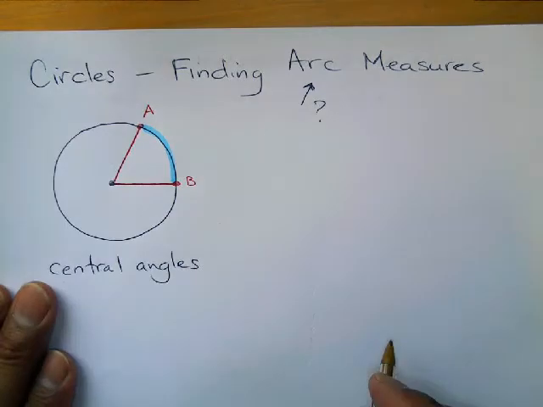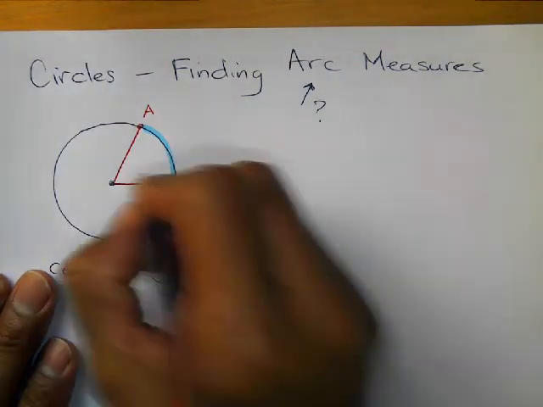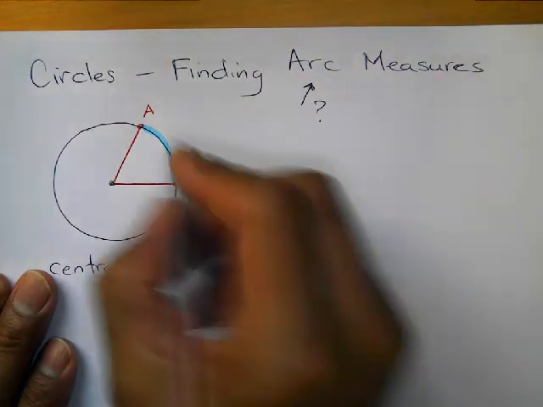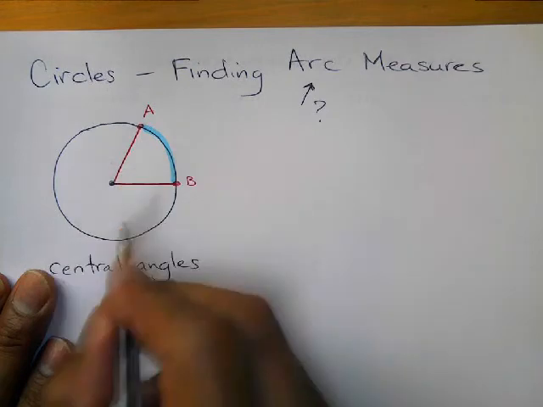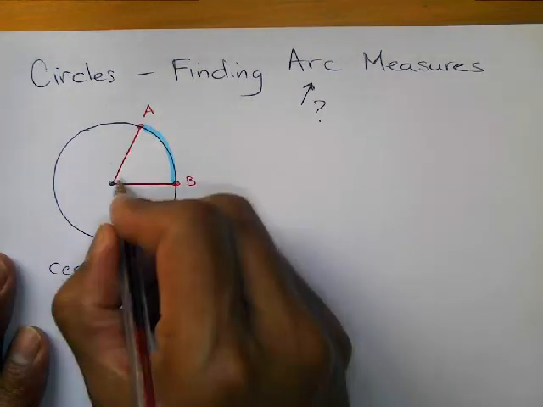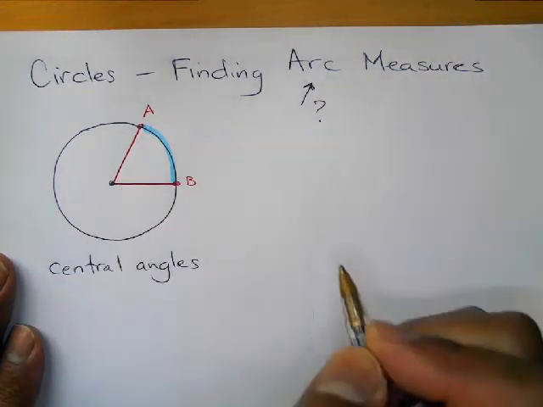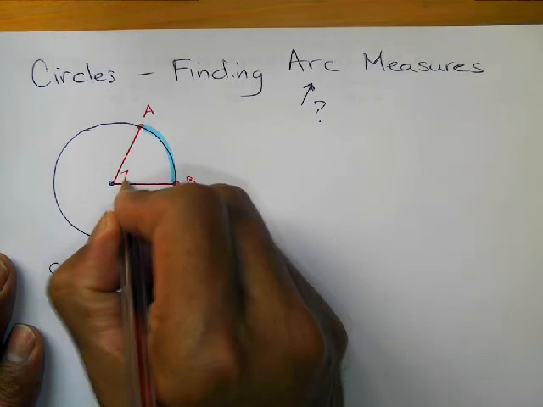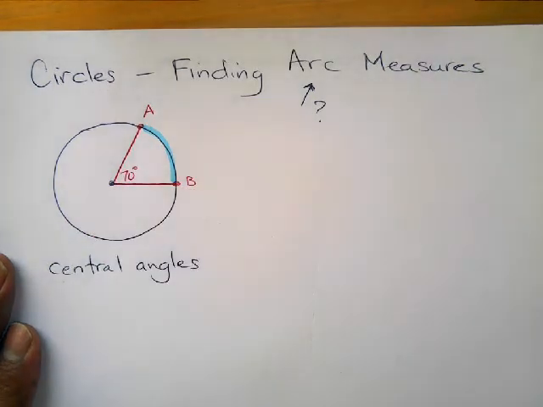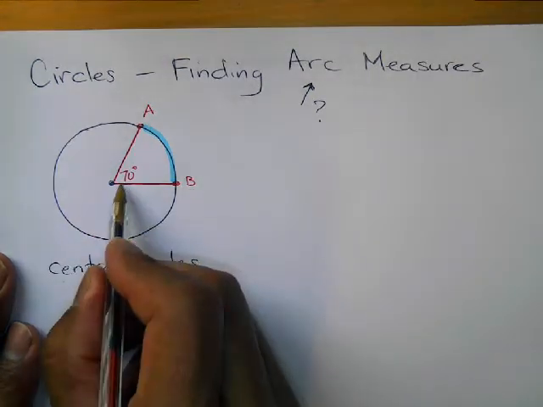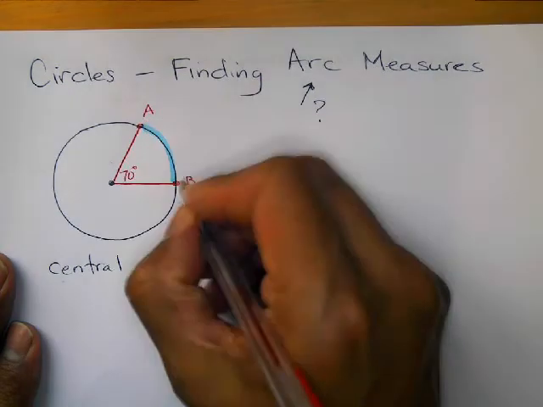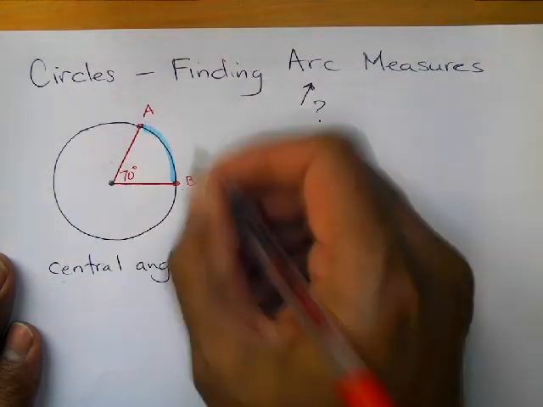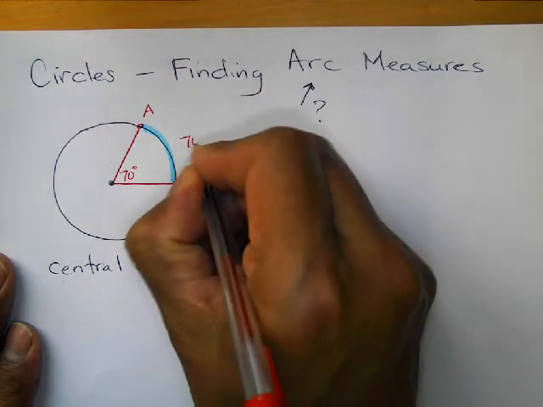Now here's what the easy part is. If this central angle, which is this one here, let's say this is 70 degrees, well then the arc is also said to be 70 degrees.